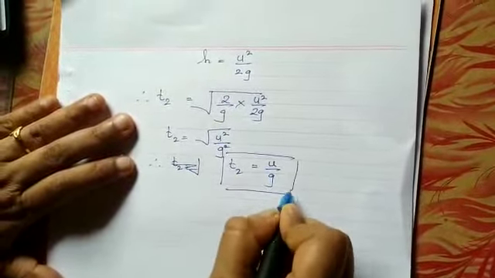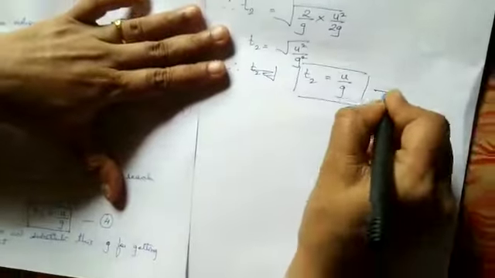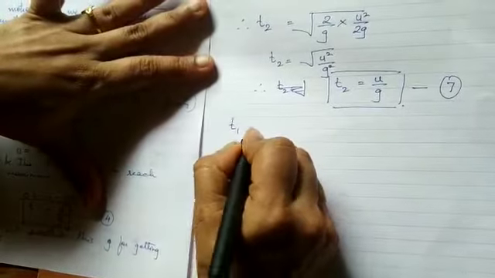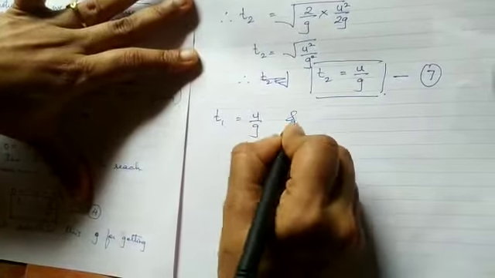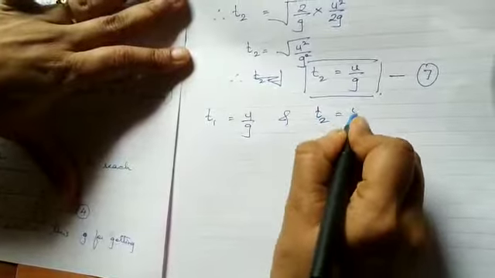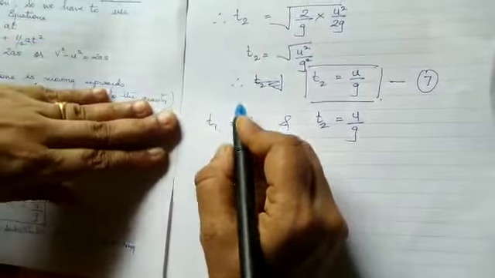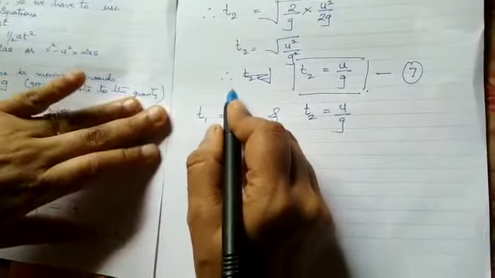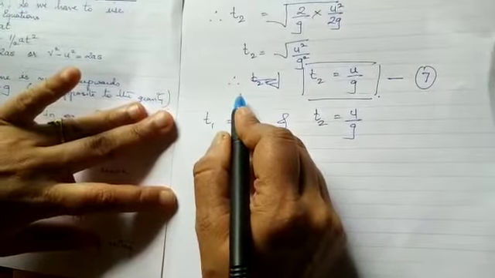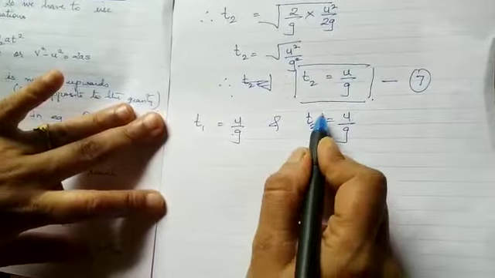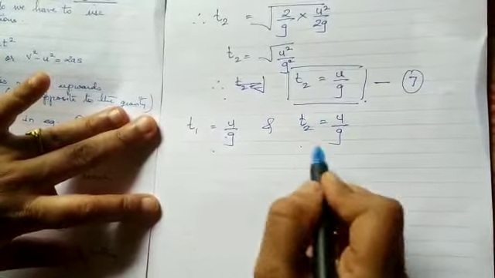So this is equation number 7, and equation number 4: T1 is equal to u upon g and T2 is equal to u upon g. This proves that time taken for the stone to reach maximum height and time taken for the stone to come down is equal.